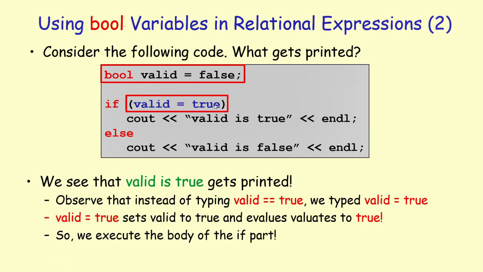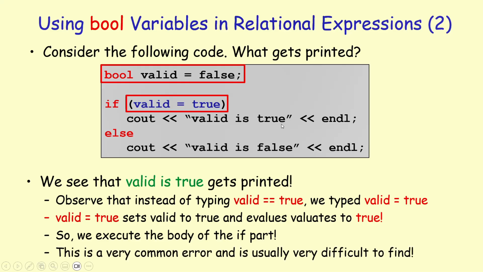That's why we are executing the if part of the statement, saying that valid is equal to true. Again, this is a very common mistake and is usually very difficult to find. So bottom line is, when you have Boolean variables, do not compare them to true or false. Simply say if valid, if whatever. That's something that you have to always keep in mind.